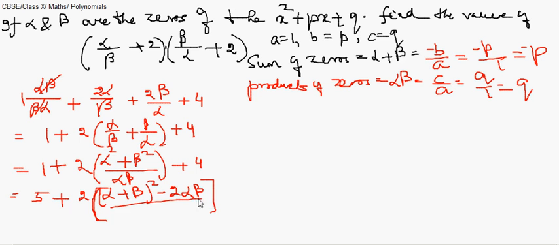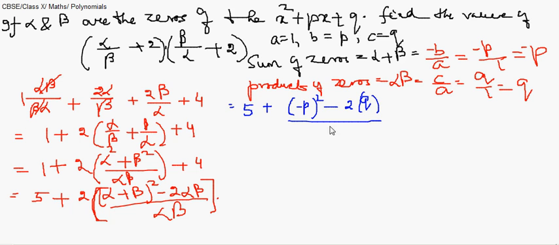Let this be as it is. Now I continue here and use another color to make it separate. 5 plus 2 times, alpha plus beta whole square gives you minus p whole square, minus 2 alpha beta, that's given by q here, by alpha beta which is again q.